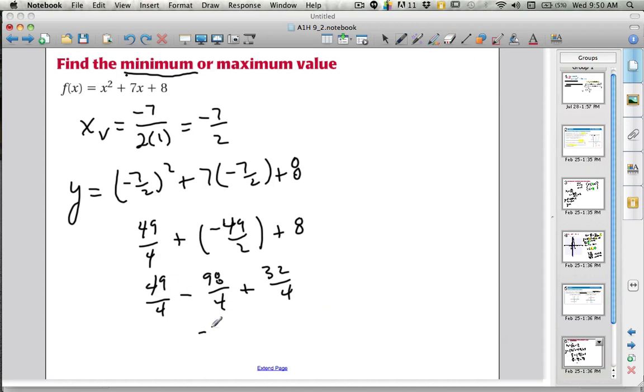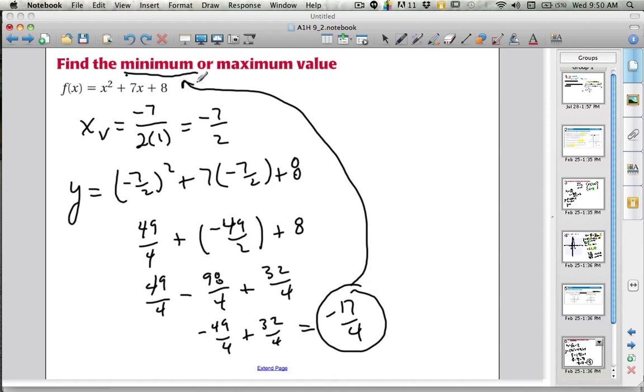So these two become negative 49 fourths plus 32 fourths, and that's going to equal negative 17 fourths. Okay, so negative 17 fourths is my minimum value. Okay, because when we're talking about minimum or maximum, we're talking about the y coordinate.